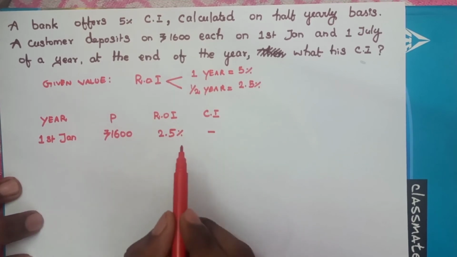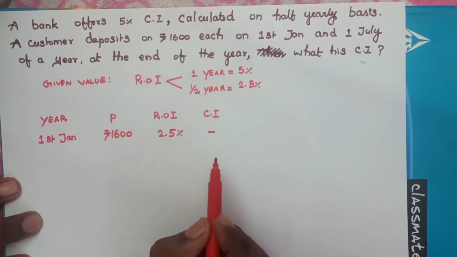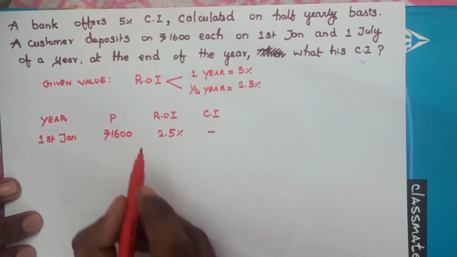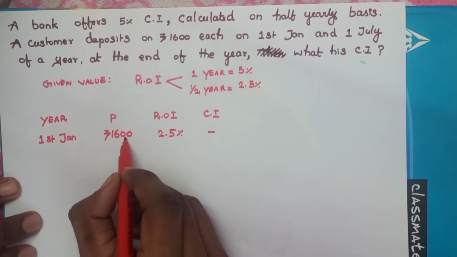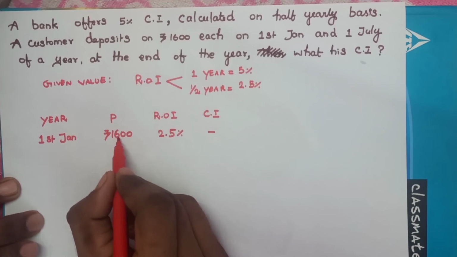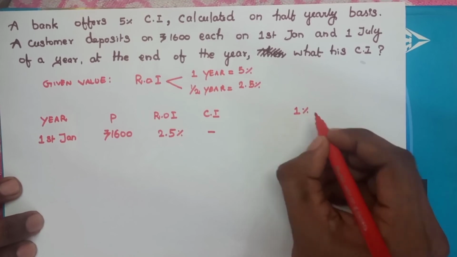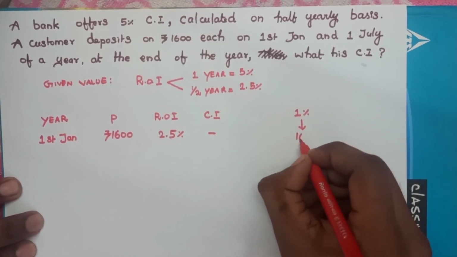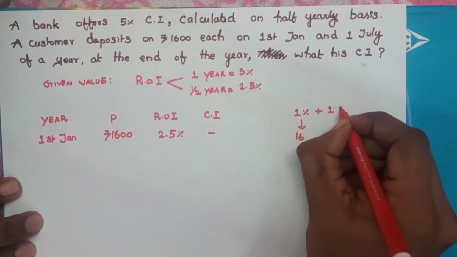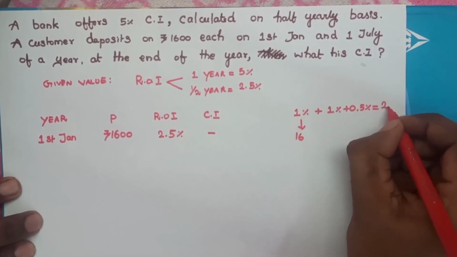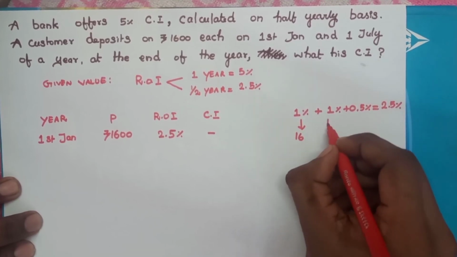Just calculate for your half yearly interest amount. 2.5% of 1,600 is what? Just put 1 point ahead, you will get 10%, that is 160. And put another 1 point ahead, you will get 1%. So 1% is 16. Here 1% is 16 plus 1% plus 0.5% equal to 2.5%, right?